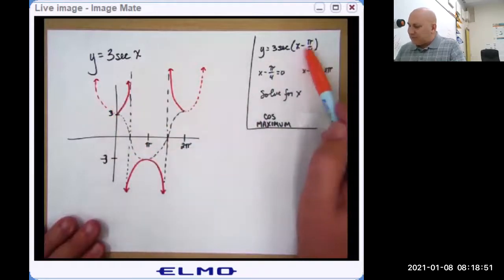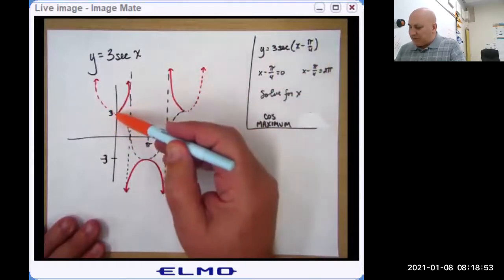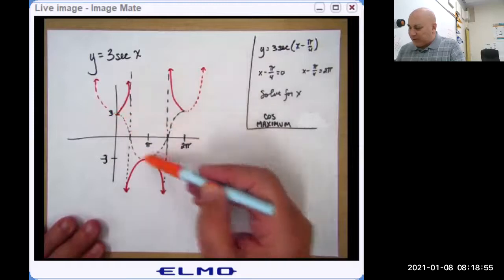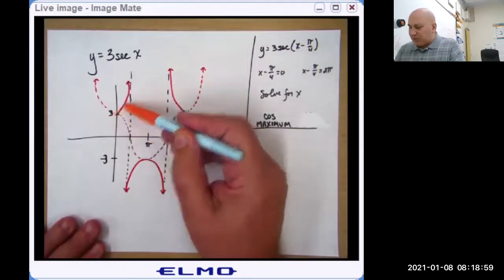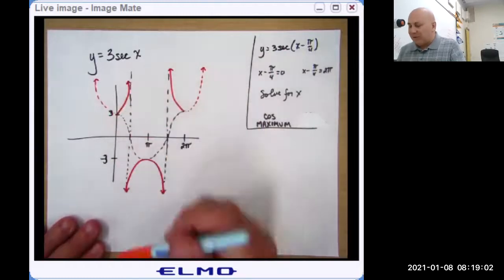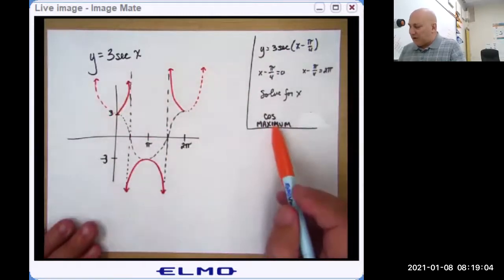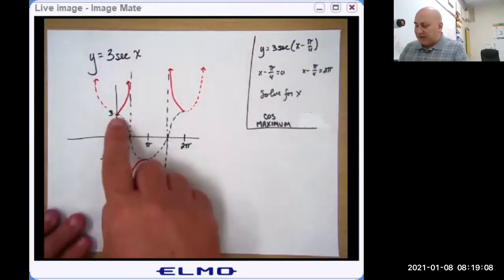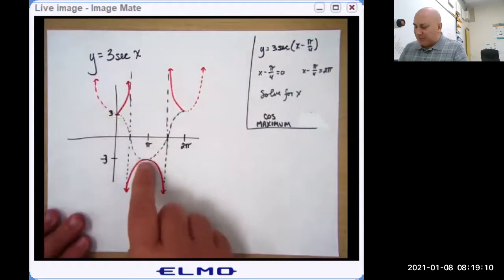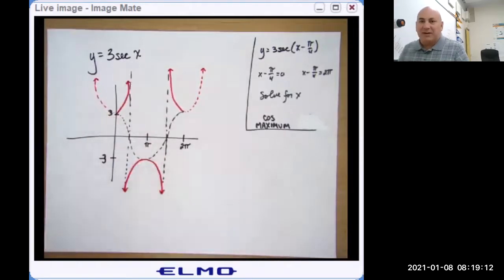So if we shifted this pi over 4 to the right, we'd shift this point here on the cosine curve pi over 4 to the right, and that would also move the secant curve pi over 4 to the right. And that's where our maximum for cosine would be, and either the relative minimum or relative maximum, depending, for the secant curve.